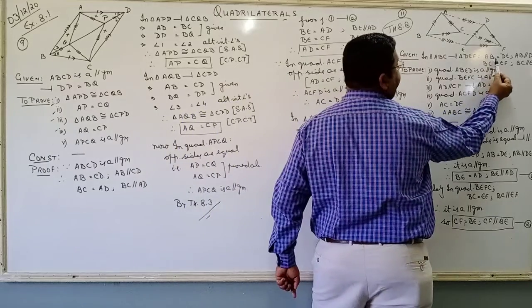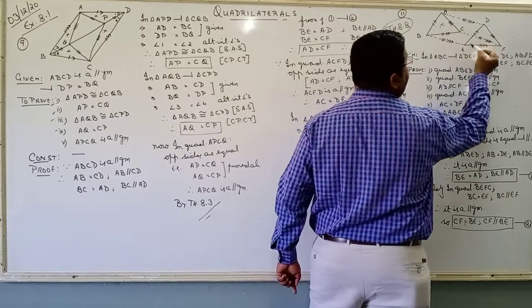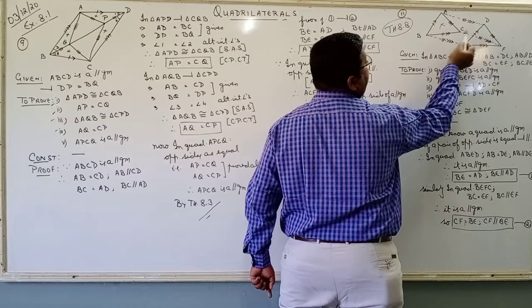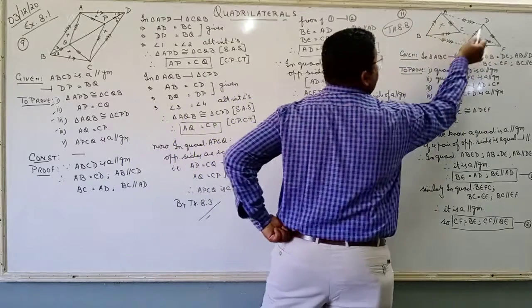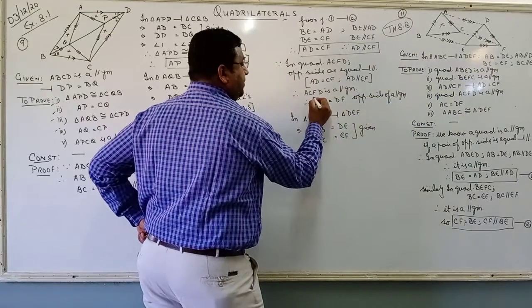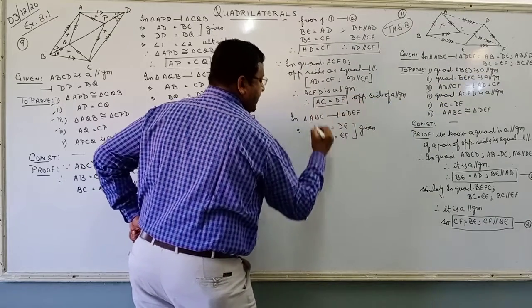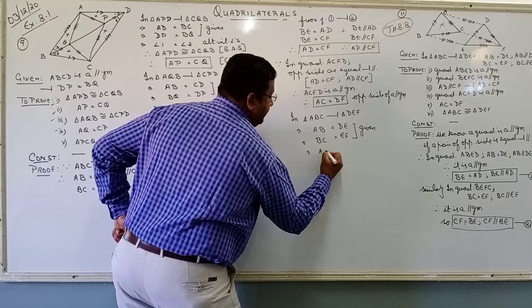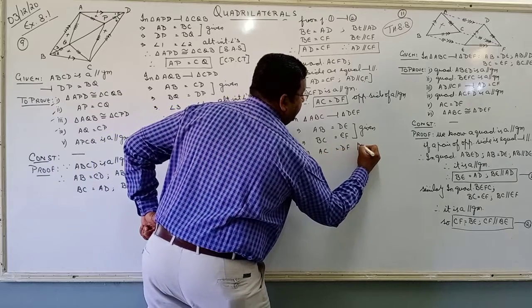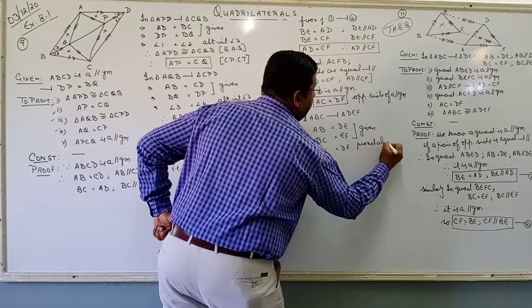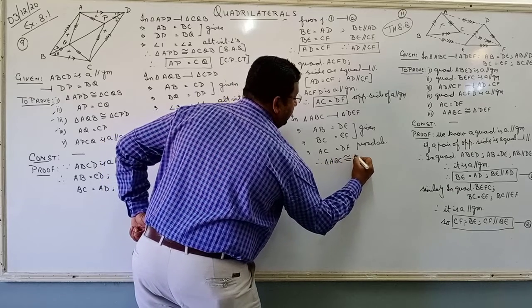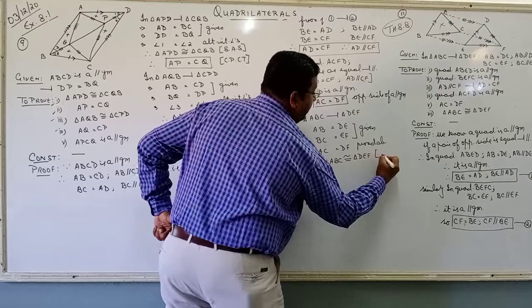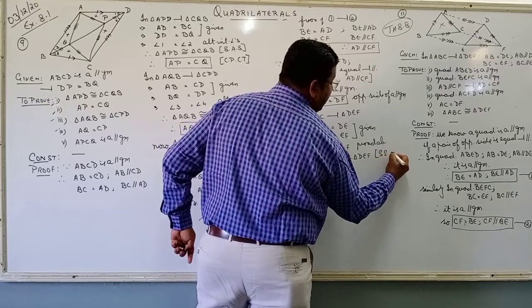Can you see that? This triangle and this triangle. And is the third side AC equal to DF? Proved above, AC is equal to DF. So therefore, triangle ABC is congruent to triangle DEF by what congruency? SSS.